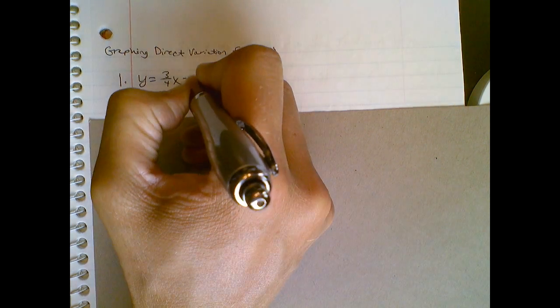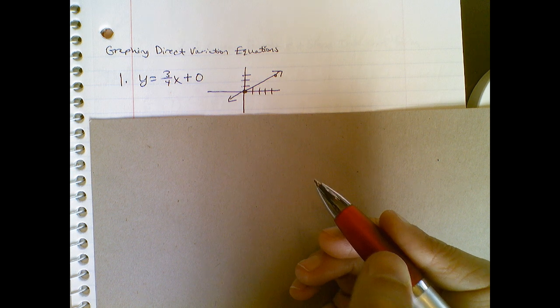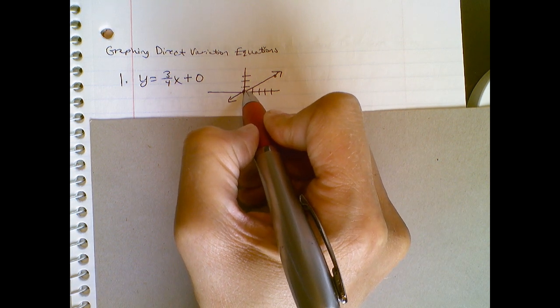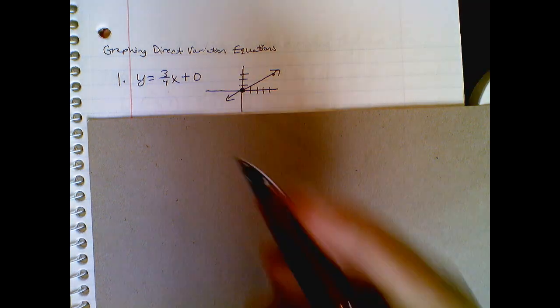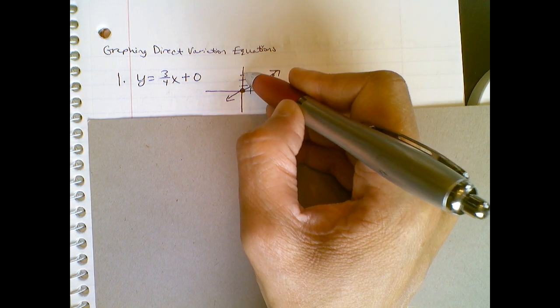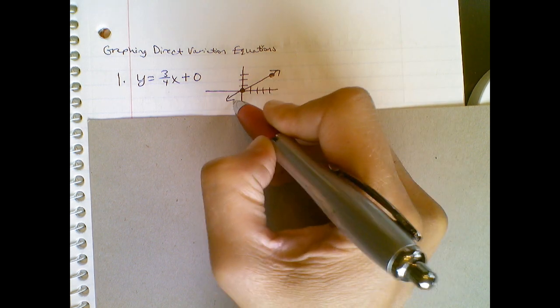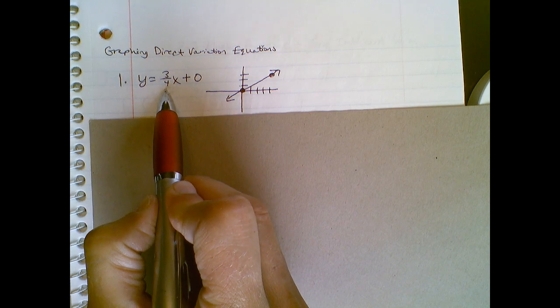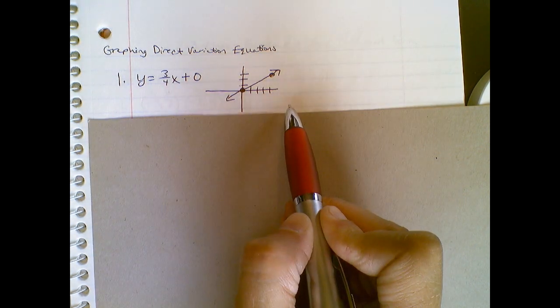So our y-intercept is just going to be 0. If I add 0 to the end, it doesn't change the value of the problem. So I'm starting at 0, and then my slope is 3/4. So that's my rise over my run. So I'm going up 3, 1, 2, 3, over 4, and then I can just make that line. If this number is positive, it should be an increasing line. If this number is negative, then it should be a decreasing line.